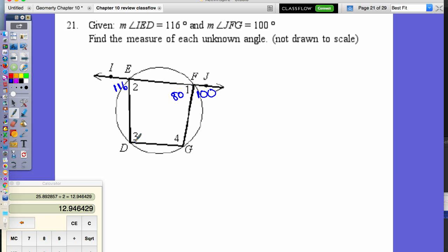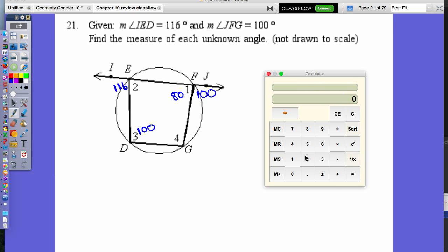That means that angle 3, which is opposite it, is 100, because 100 plus 80 make 180. Now, 180 minus 116 is 64. So angle 2 is 64. 64 and 116 are supplementary. That means angle 4, which is opposite the 64-degree angle, is also 116 degrees. I say also because it was also supplementary.